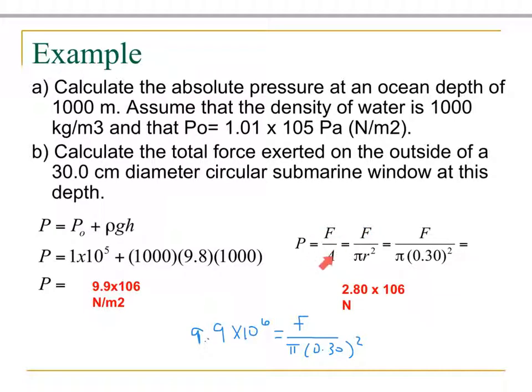Our area is pi radius squared. Now we just calculated our pressure. So we can say our pressure 9.9 times 10 to the 6 equals our force, which is our unknown, divided by pi times 0.30 squared. And so when we solve for force, we will get 2.80 times 10 to the 6 newtons.